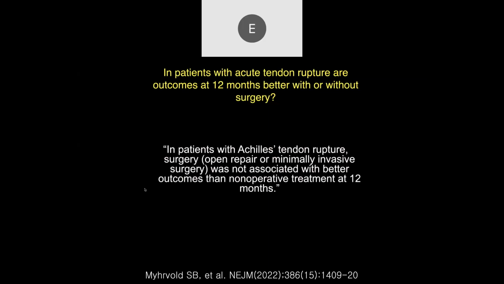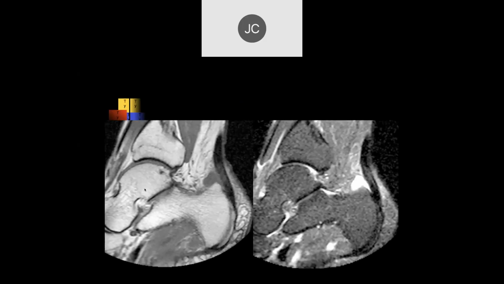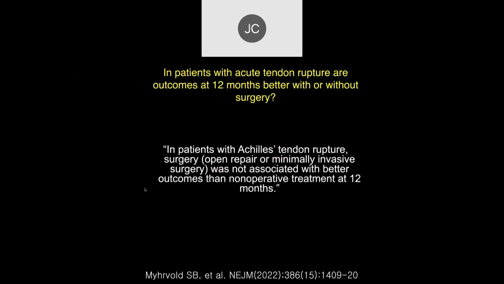Maybe without surgery, they do better. So basically, in this particular study, the outcome at 12 months was the same, whether you operated on them or not. But they didn't talk about complications, which you do not get with no surgery.